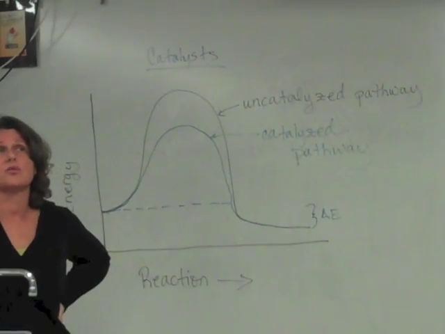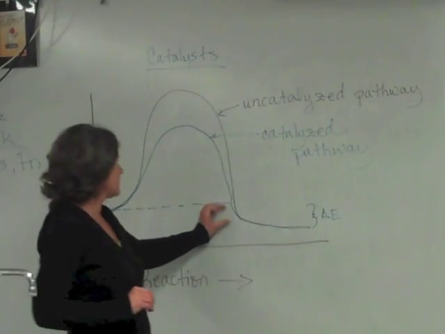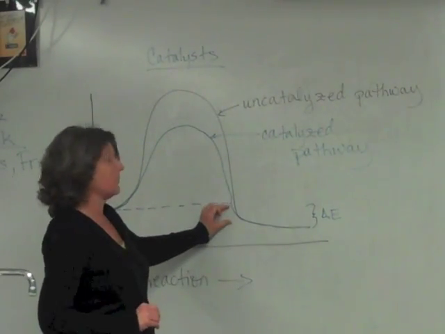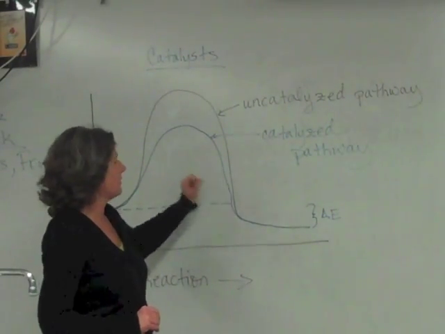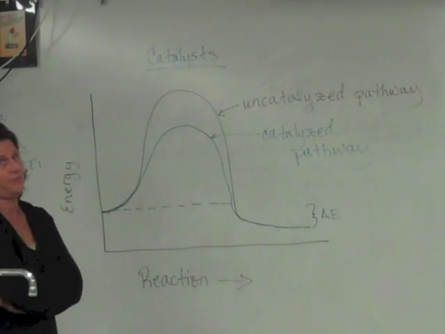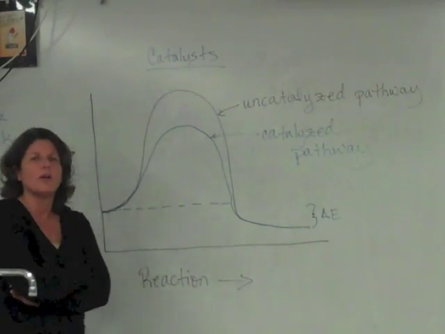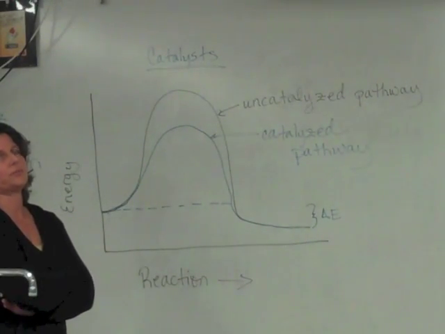Catalysts don't change whether something is endothermic or exothermic. That difference, whether it be down here as for exo or above as endo, always stays the same. It's not altering the overall enthalpy of reaction.